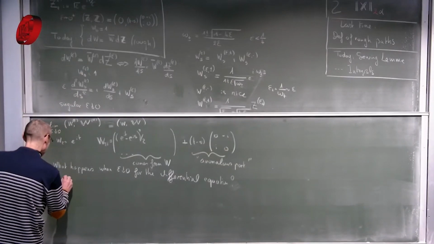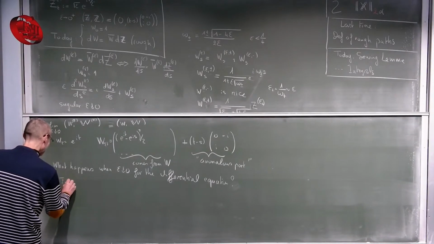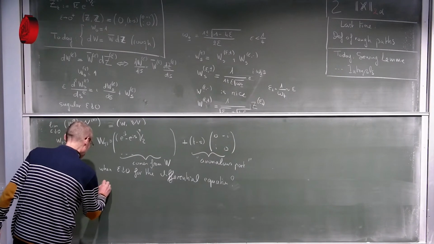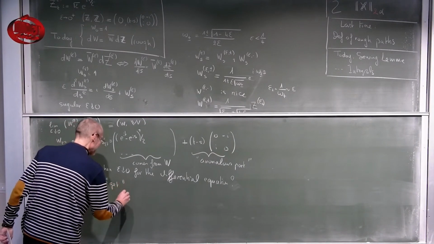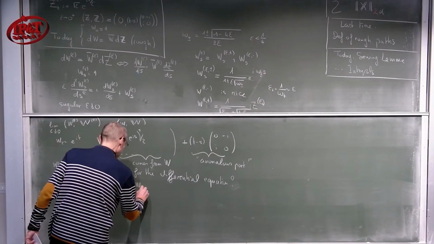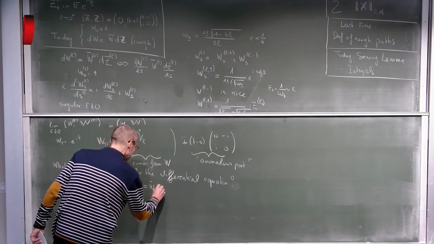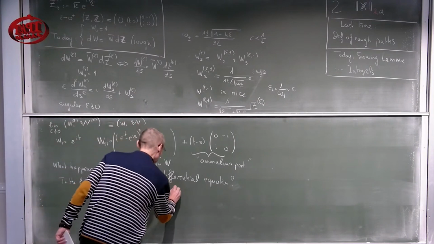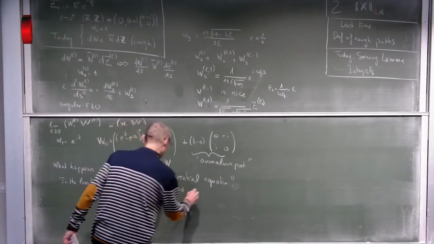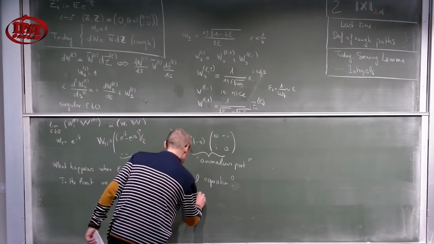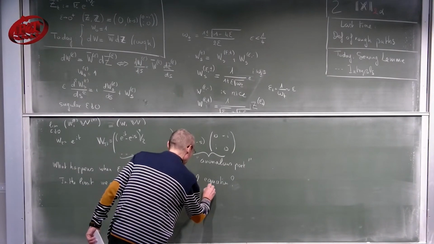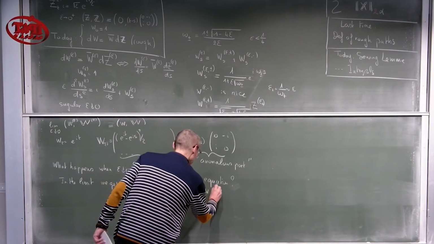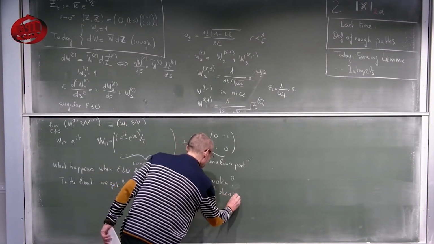So in the limit we get, and I put quotes, dw is equal to w bar times 0. And W epsilon, as epsilon goes to 0, does not satisfy the equation.